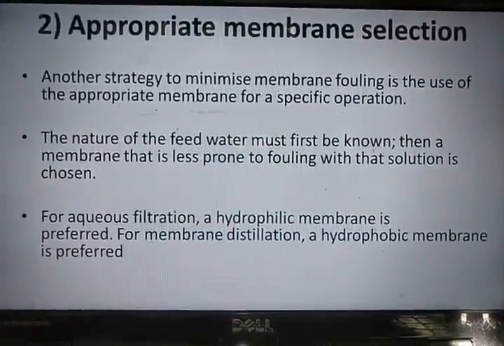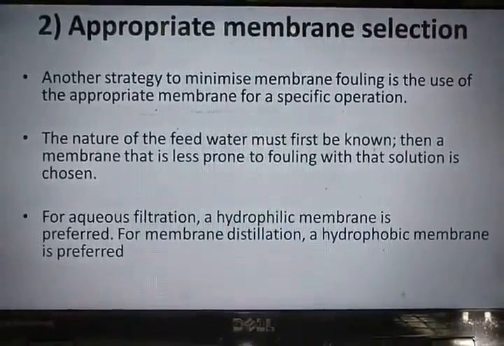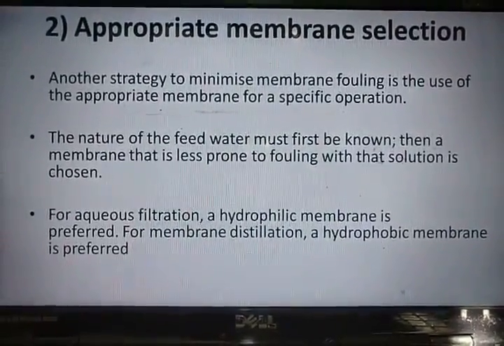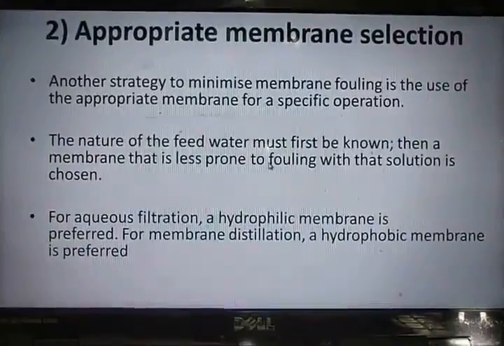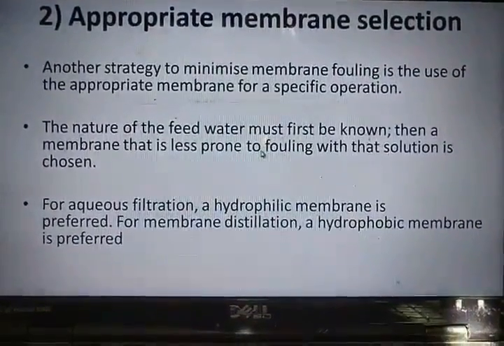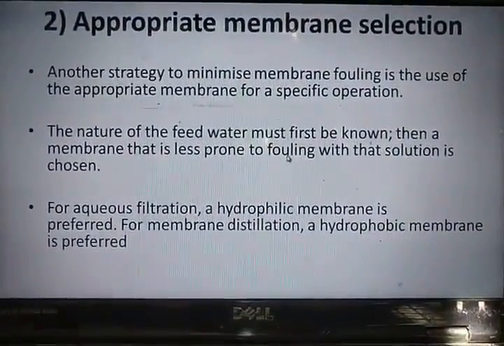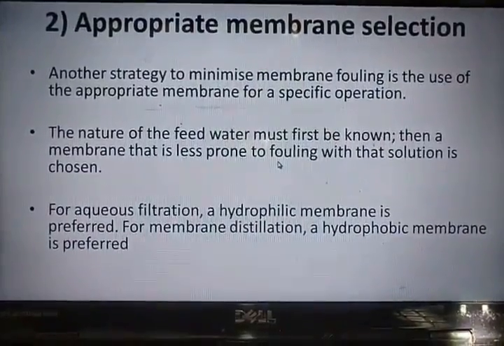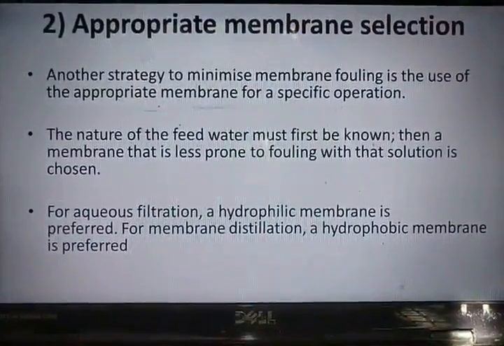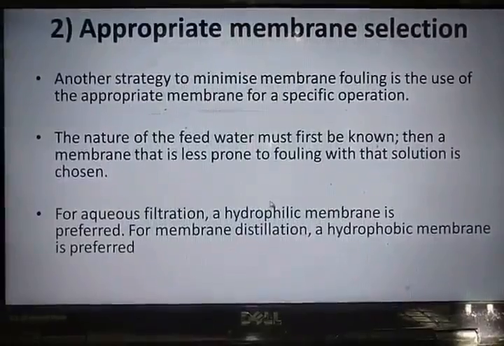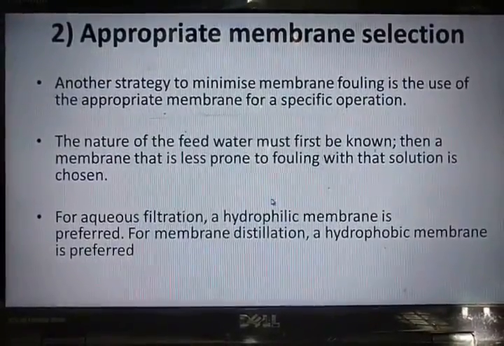That means the membrane selection is an important parameter to reduce the fouling. That means if you are using a surface water, what kind of membrane should be selected? If you are using a groundwater, or if you are using water from the sea for the desalination process, so these things should be carefully known before selecting the membrane processes.